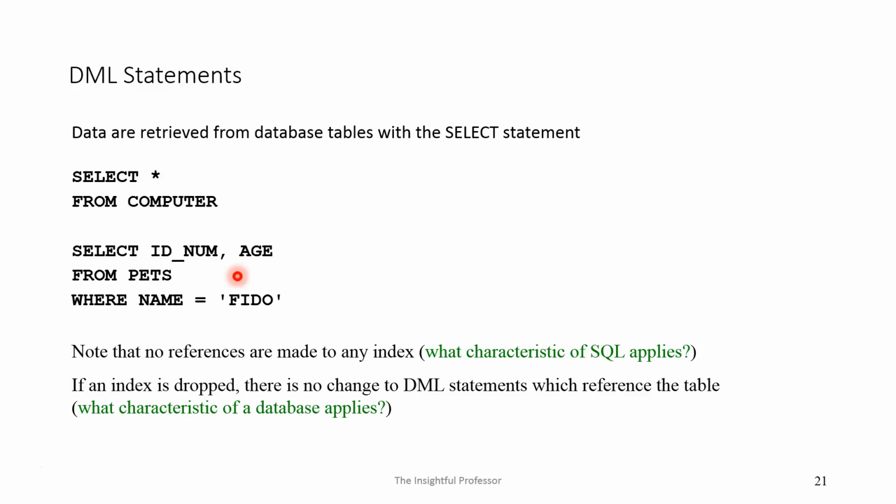It will take a different route to get to the data, but the point is it was not affected by the fact that there was a physical change to the underlying data. So what characteristic of a database are we talking about here for this particular situation? Well, this is referred to as data independence.